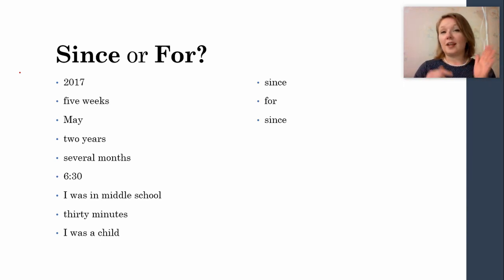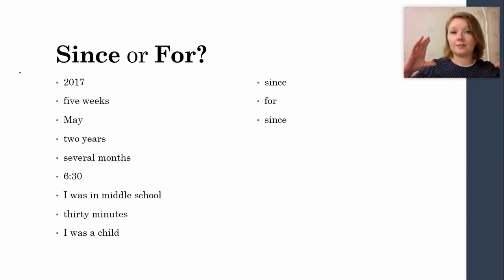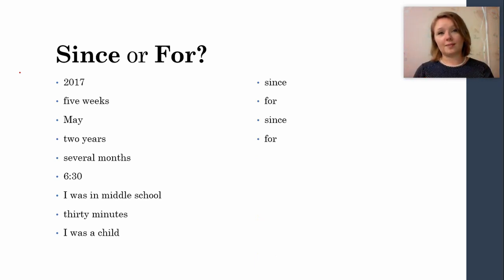Is 2 years a point in time or a length of time? It's a length of time, so we'd say for. I have lived in Changwon for 2 years. That length of time. Next, we see several months. Again, this is a duration or length of time, so for several months.